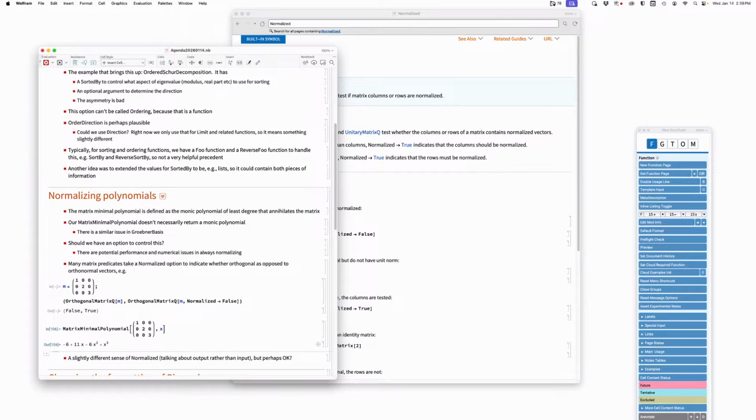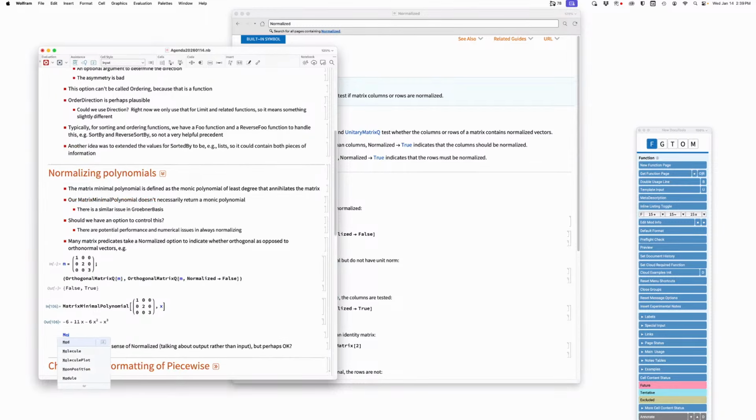My suggestion here would be, why aren't we introducing a function that just makes any polynomial monic? That seems useful. Right, the Gröbner basis is a slightly different situation, right? It would have to have the monomial order and multiple variables, right? Yeah, true. Okay.